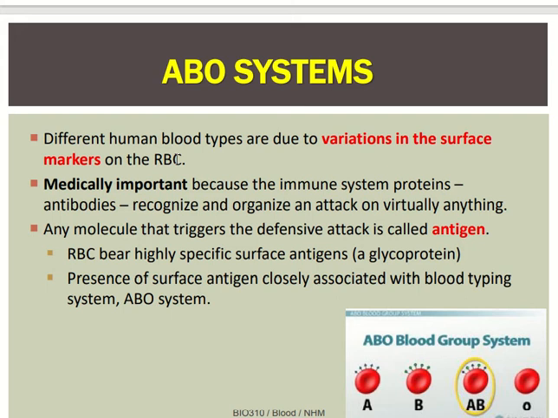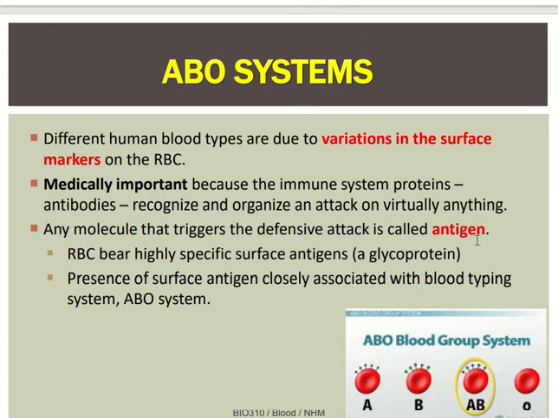The variation in the surface marker is medically important because the immune system proteins, which we refer to as antibodies, can recognize and attack virtually anything that is not similar to the surface marker of the RBC. Any molecule that can trigger the antibodies to mount a defensive attack is called an antigen.